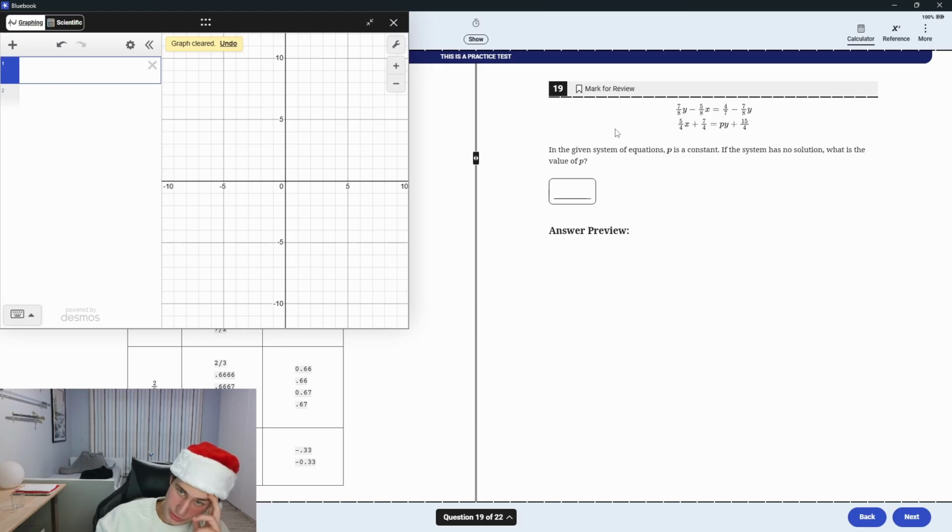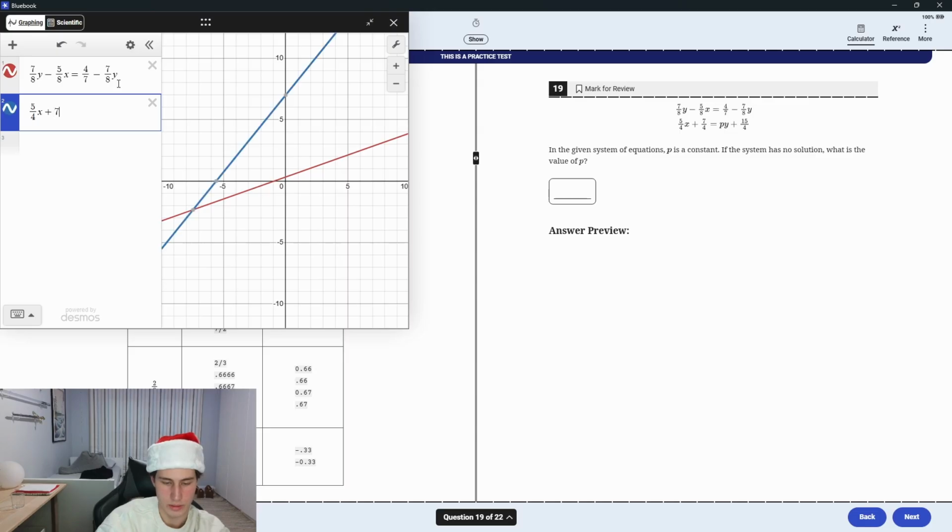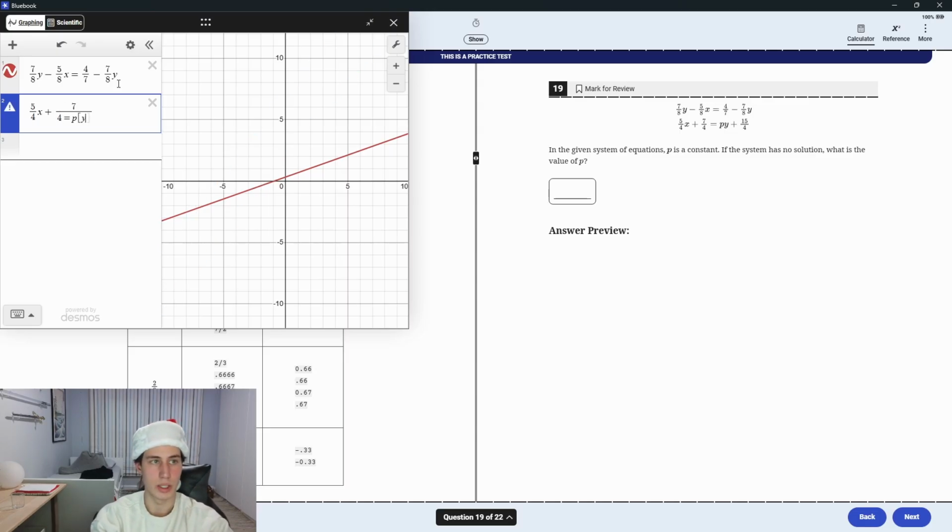So in the given system of equations, P is a constant. If the system has no solution, what is the value of P? There are two ways to do this: just algebraically line up the x's and y's, or we can write in a slider for P. Minus over 8x plus 7 over 4 equals Py.